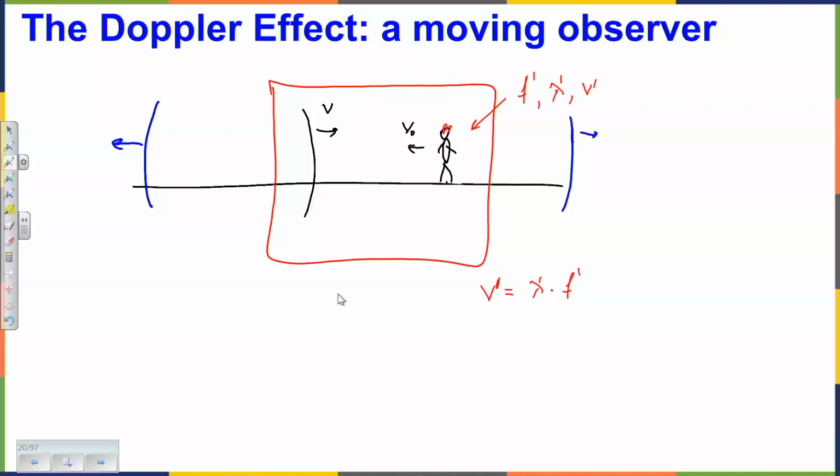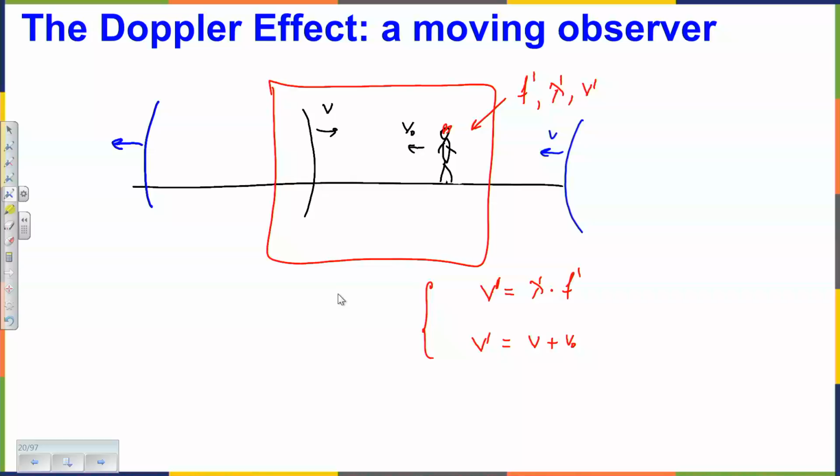But now this new speed is either the old speed of the sound plus the speed of the observer relative to the ground, or actually I should change this. I should change the curvature here.